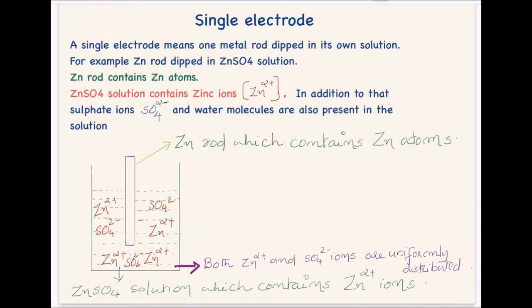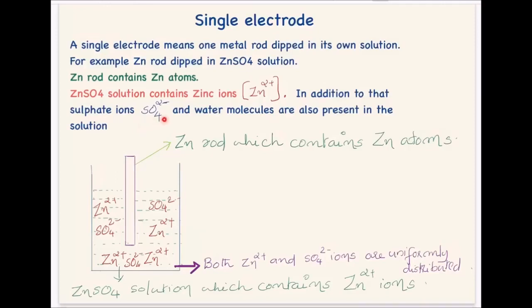The zinc rod is solid and it contains only zinc atoms. Zinc sulfate solution contains zinc ions and it is in liquid form. So zinc ions are in solution, zinc atoms are in the metal rod.